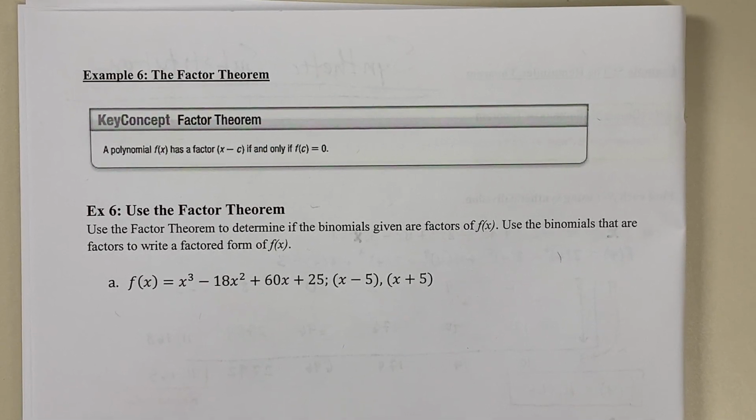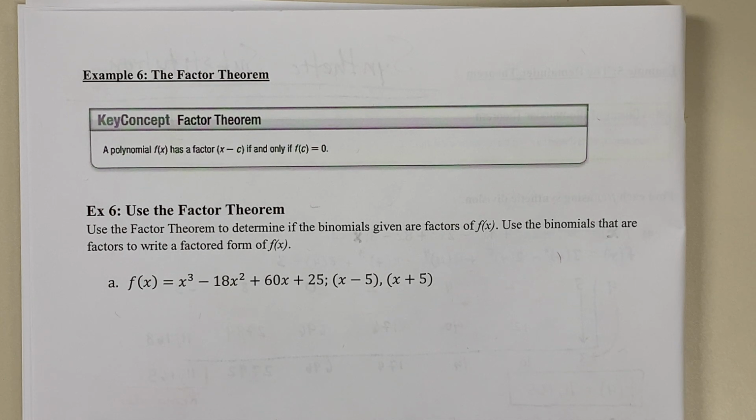Part 3 of chapter 2, lesson 3 notes is the factor theorem. The factor theorem states the polynomial f of x has factor x minus c if and only if f of c equals 0.